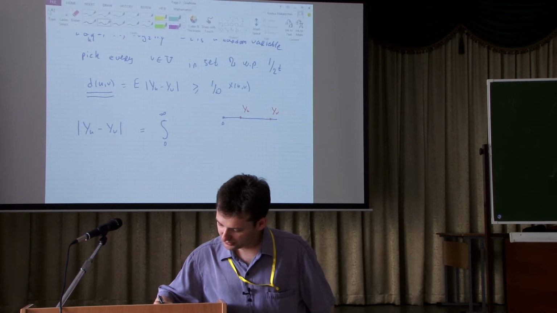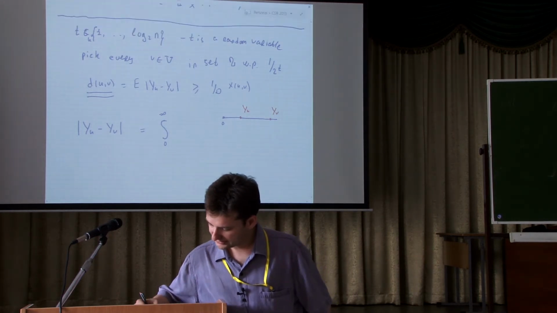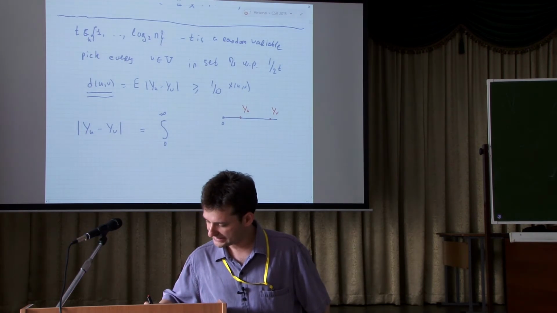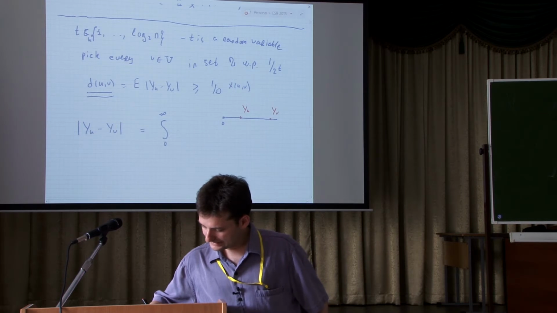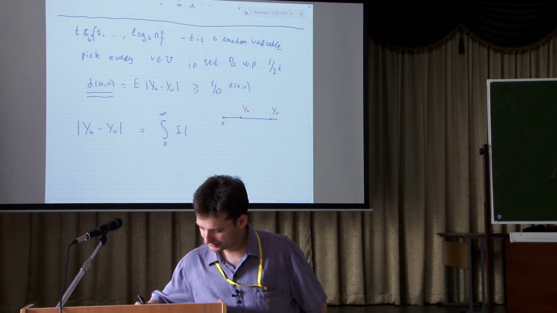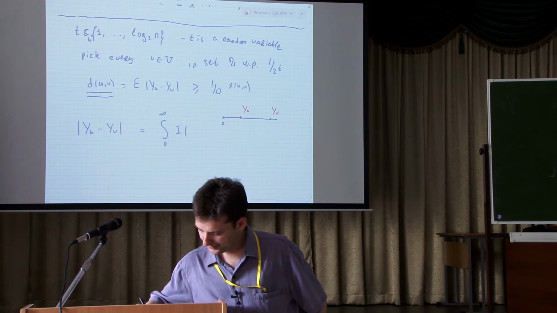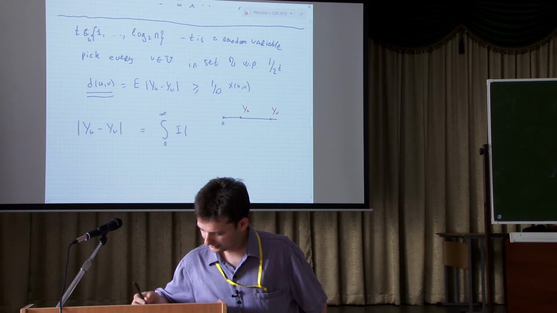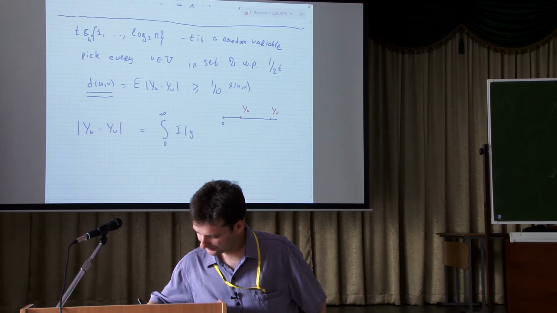I want to first write it like this. It's the integral from 0 to infinity, and I'll take the indicator variable of my variable, maybe small y, belonging to the interval between yu and yv.